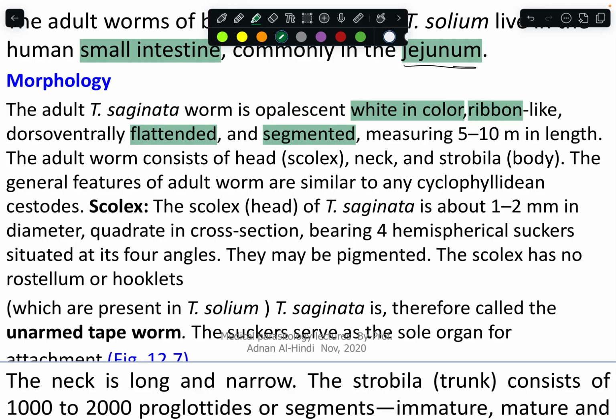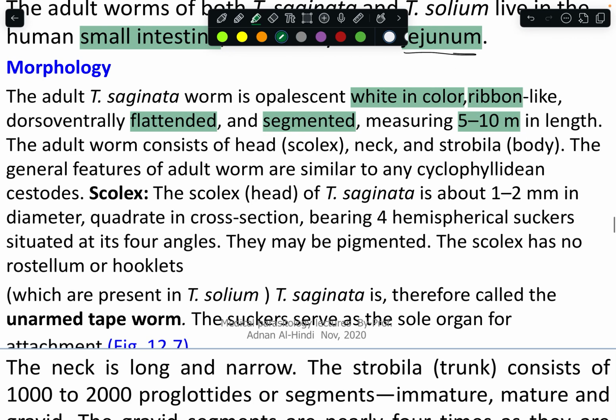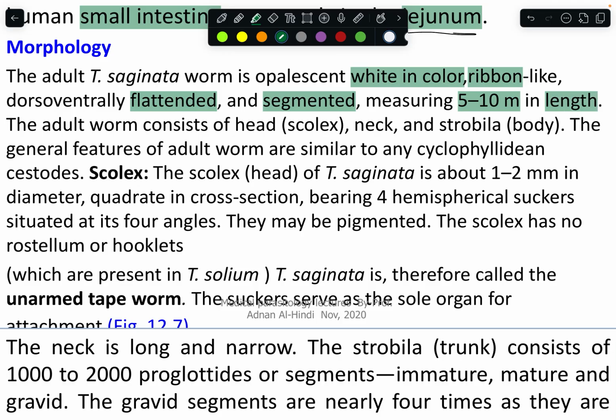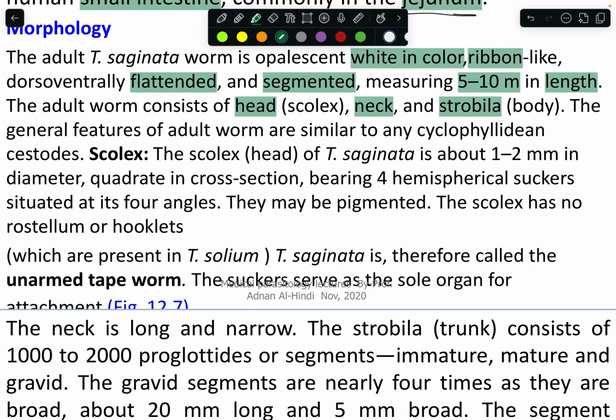Measuring from 5 to 10 meters in length. The adult worm consists of head or scolex, neck, and strobila or body. The general features of the adult worm are similar to any Cyclophyllidean cestode.